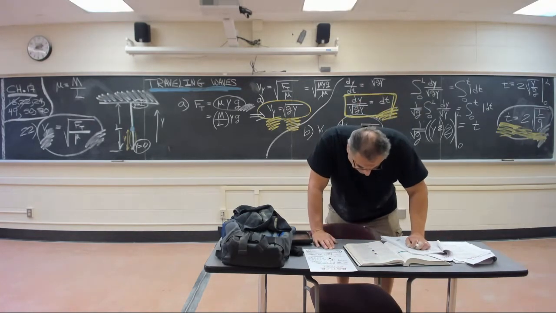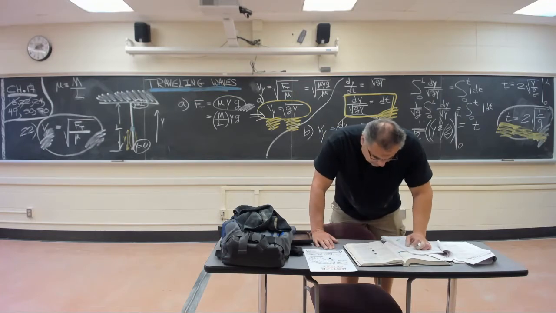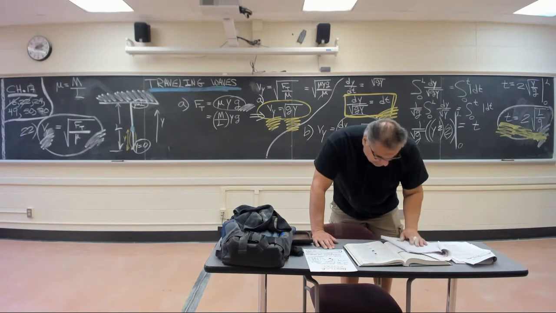It's saying a traveling wave on a thin wire is given by the equation, and they gave a particular equation there. I'll write it down, where all values are in the appropriate SI units. A and B on this one. A, what is the propagation speed of this wave? B, if the linear mass density of the string is this much, what is the tension in the string? Okay, so they gave us a little bit of data here. Let's see what we can write down and play their game.